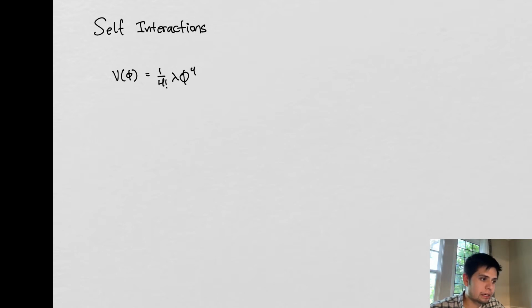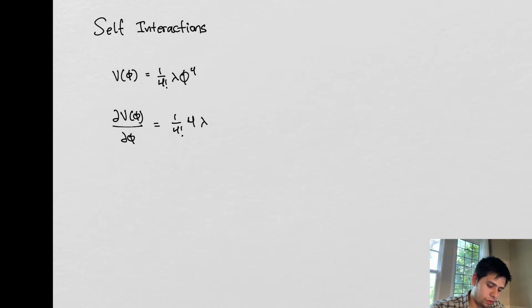And so what we could say is that the derivative of the potential with respect to phi is just 1 over, or times 4 times that cubed. Well, 4 over 4 factorial, if you do that, that's just 1 over 3 factorial, like this.